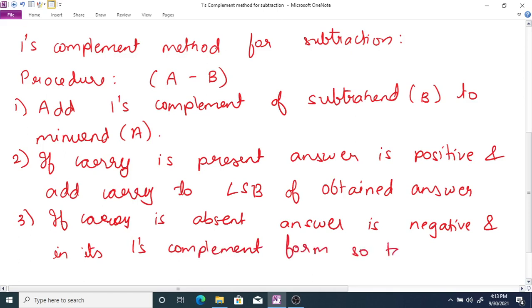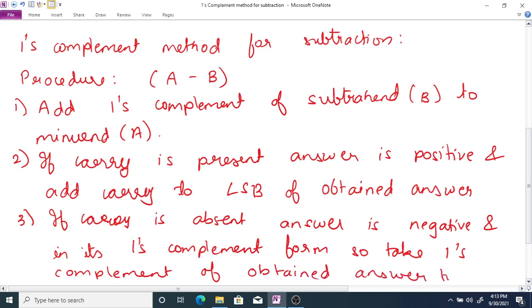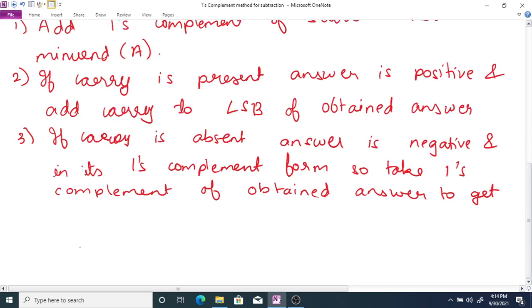So, take ones complement of obtained answer to get final result.